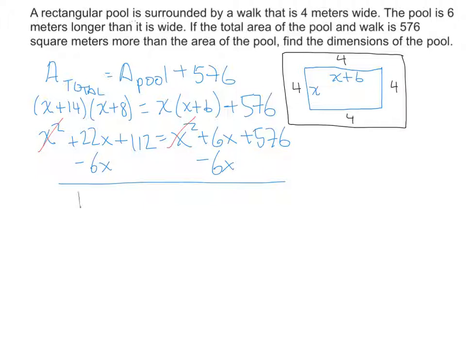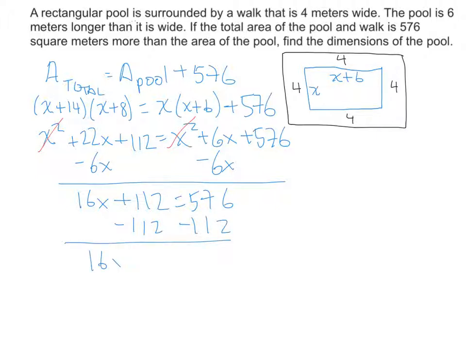That's going to give us 16x plus 112 equals 576, and then we're going to subtract 112 from each side.